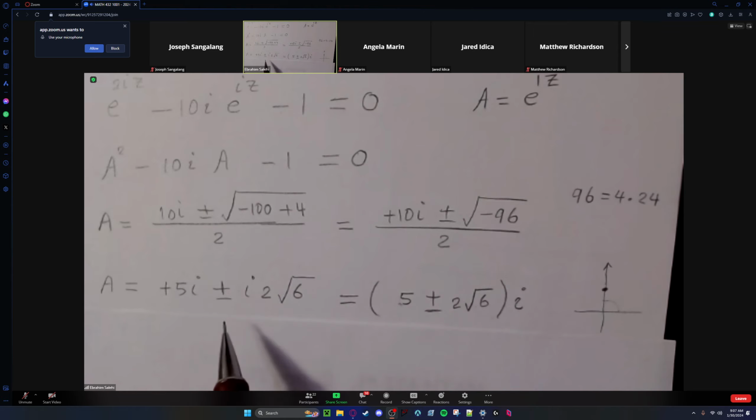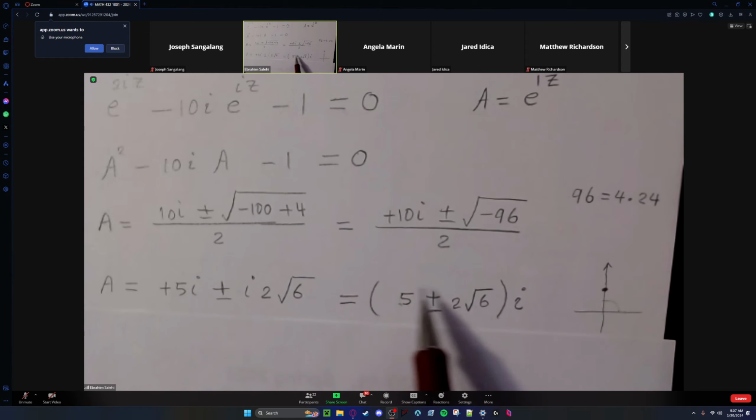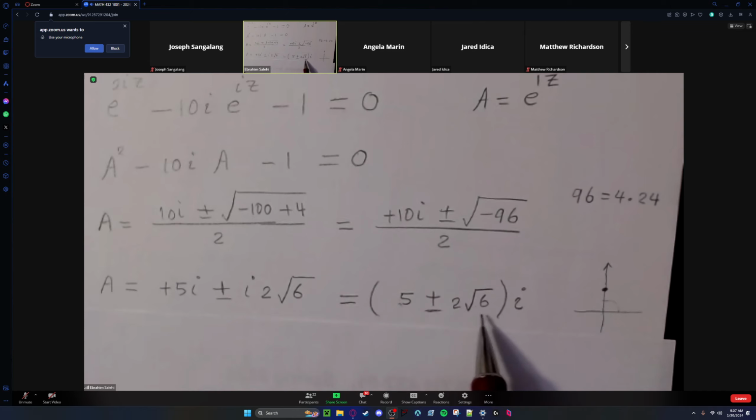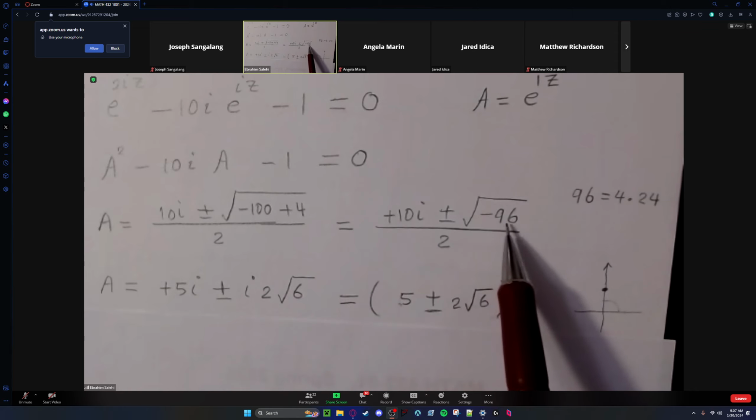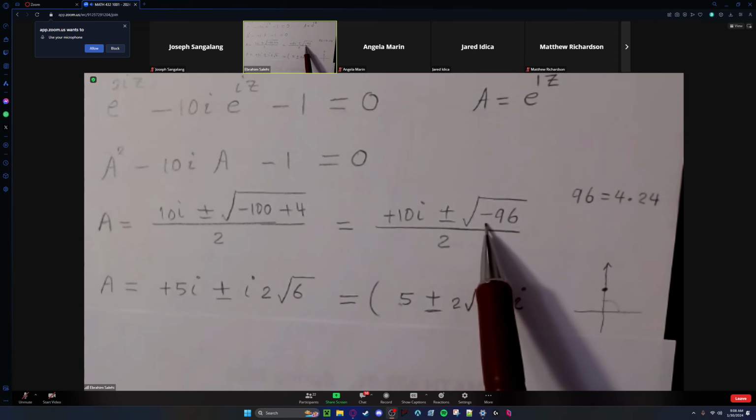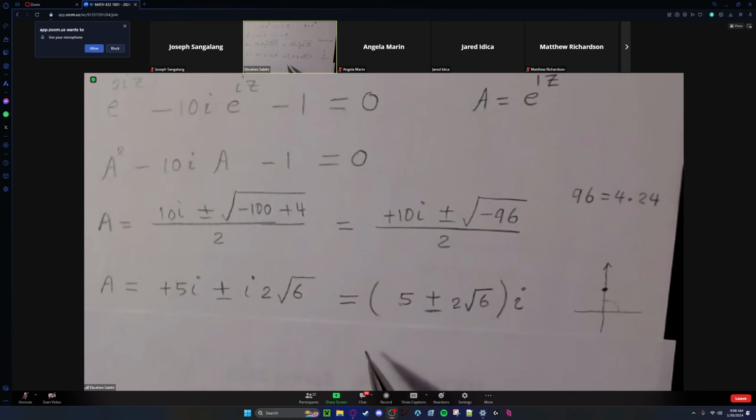But regardless of plus or minus, this parenthesis is something positive, because you see here you have 10, but here you have 96, which is smaller than 10. So this is positive. Can I write this in polar format? Yes.